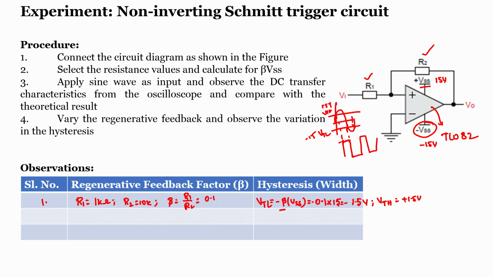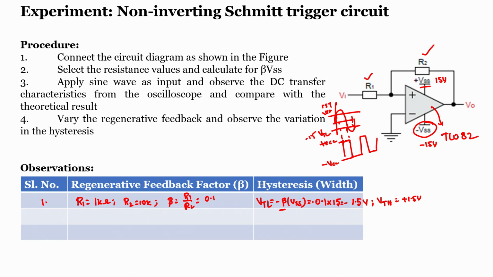And what will be this voltage value? This will be plus VCC and minus VCC. The reason it will always be at plus VCC or minus VCC is that the open loop gain of an op amp itself is very high, and since the op amp is also connected in a positive feedback manner, when we look into the transfer function of a positive feedback, the overall gain will be even higher than the open loop gain. As a result, even a small input voltage is enough to make the op amp operate in the saturation region.